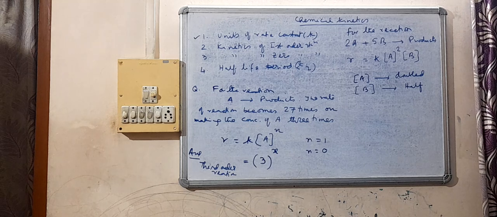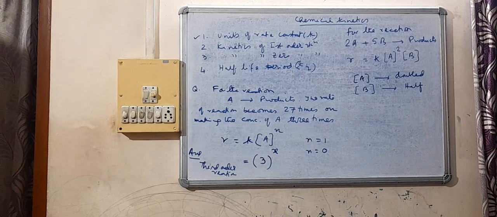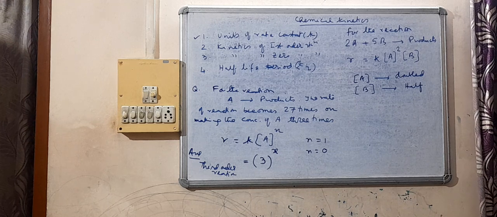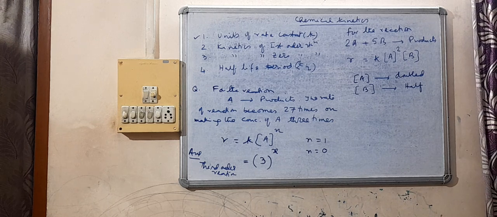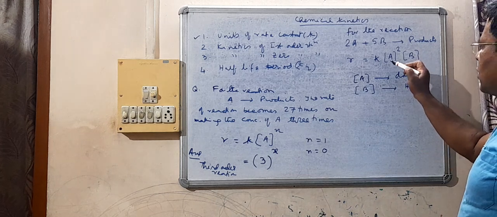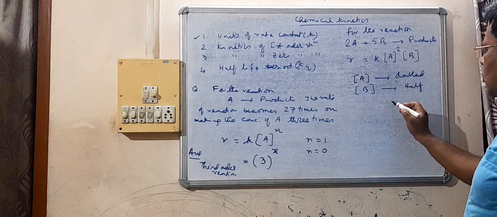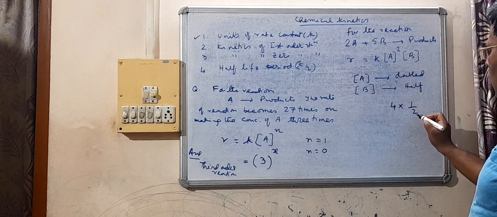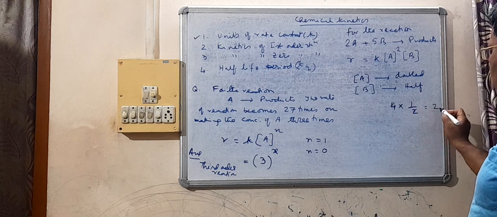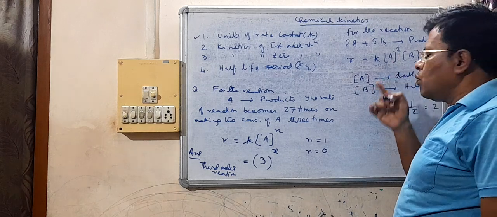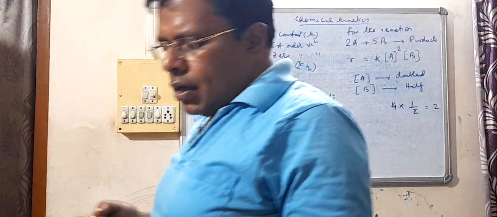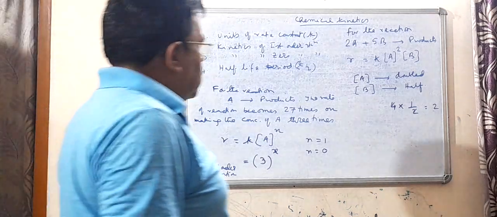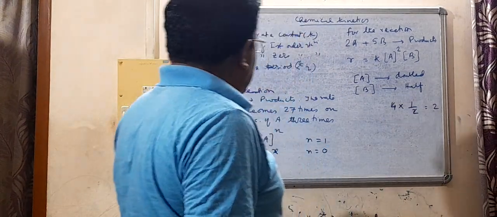So you see, if it is doubled, 2 square is 4, and the concentration of B is made half, so half. On simplifying it becomes 2. That means the rate of the reaction will be double. So the answer is double. The rate of the reaction will become 2 times.